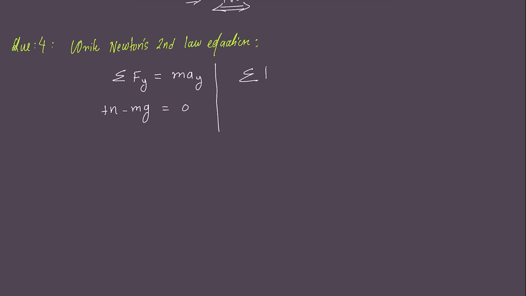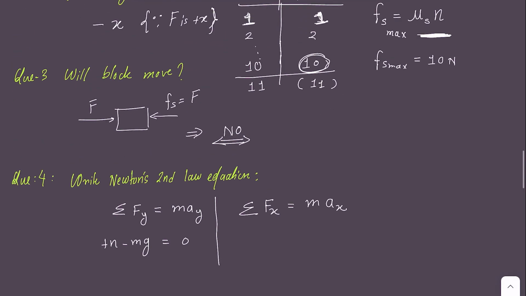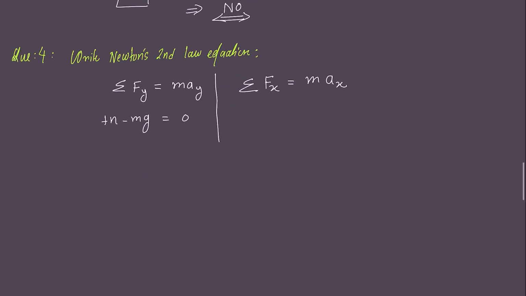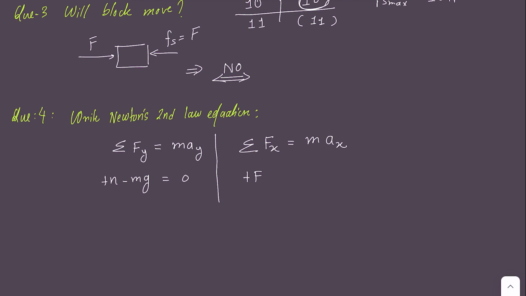The second equation: the summation of all the x direction forces is equal to m times ax. You've got plus F, because F is in the plus x direction, and minus fs, because this force is in the minus x direction, and that is equal to 0. So that's your second equation for Newton's second law.